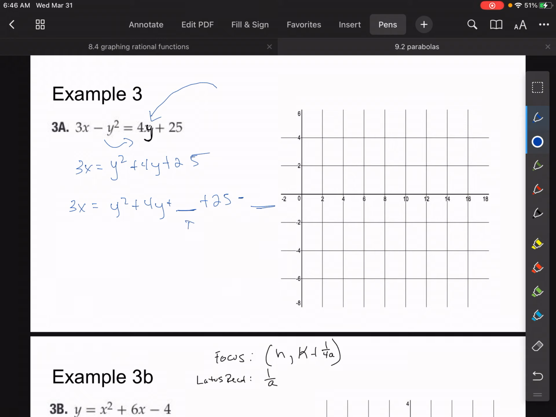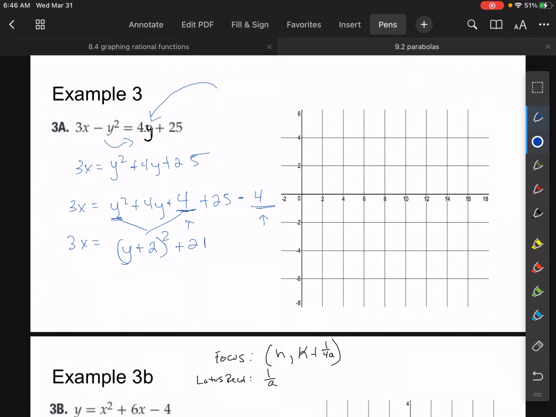Whatever goes here must go here. So if I take half of 4, I get 2. 2 squared is 4. So I'm going to add a 4 in, which means I'm going to subtract a 4 here. So now I'm left with 3x is equal to, this will factor nicely now to y plus 2, the root of this guy, plus the root of this guy, which is 2, squared. And then 25 minus 4 is 21, plus 21.